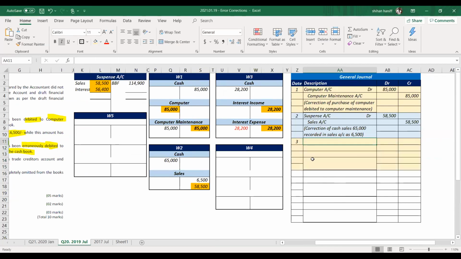Number 3. So 3 accounts will be affected from this suspense account. Debit, interest income account will be credit, interest expense account also will be credited. This is 56,400 suspense account debit, 28,200 interest income, 28,200 interest expense.